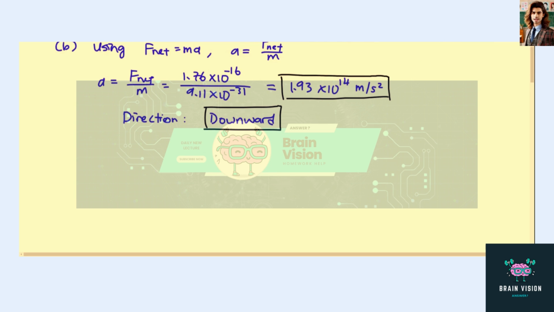In part C, you want to find the vertical displacement when it reaches the end of the plate. So we need to find the time taken for the electron to exit the plate. Once we find the time, we will use the kinematics equation to find the vertical displacement.